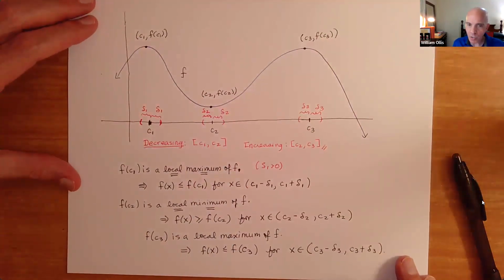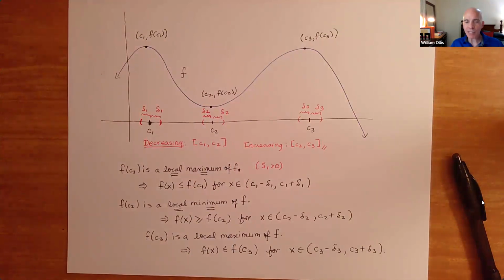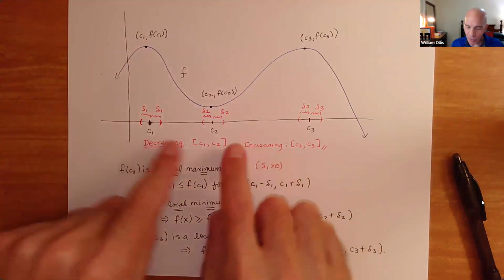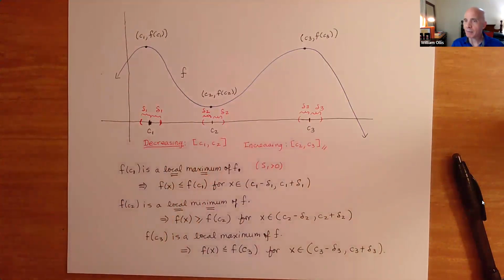Okay? So again, remember, you get maximum or minimum locally when you have a symmetric interval about some value in the domain, where you can say for the local maximum, this is the largest value in that symmetric interval. Or for the local minimum, this is the smallest value in that symmetric interval.